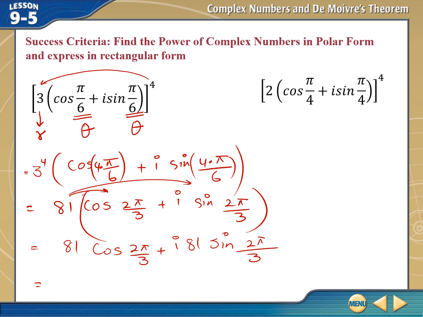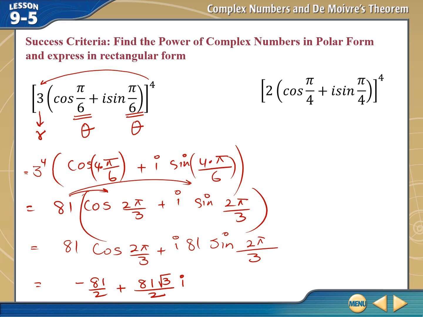So the final answer is minus 81 over 2 plus 81 square root 3 by 2 I. So this is our final answer for this question.